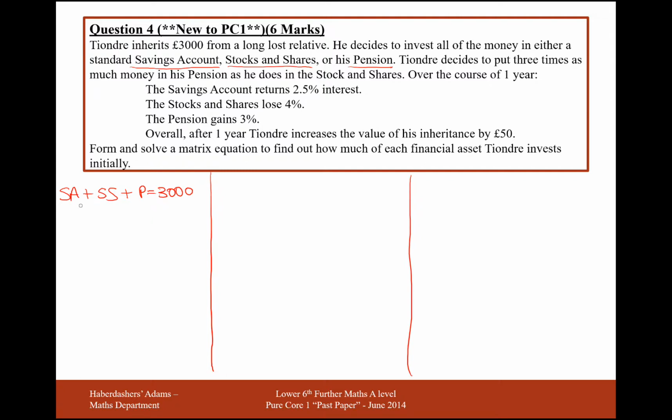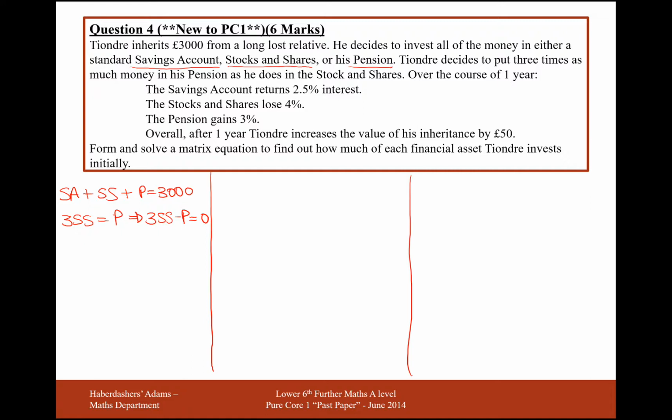The next one: Tiandre decides to put 3 times as much money in his pension as he does in the stocks and shares. So that means that if we times the stocks and shares by 3, we get the same amount he put in his pension. Or in other words, 3 stocks and shares take away pension will equal 0, and that's a bit easier to put in our matrix a bit later.